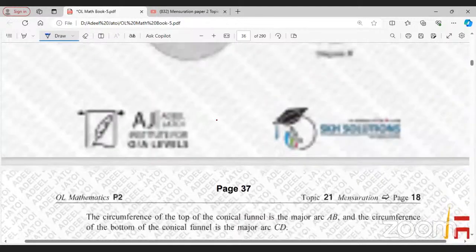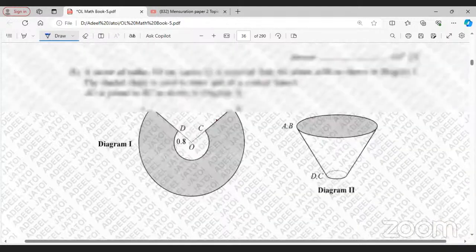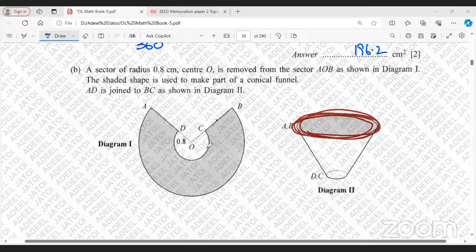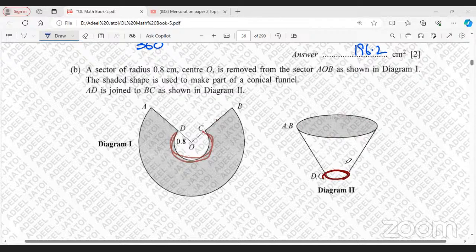First things first, this is linked. The major arc is basically the circumference. The smaller arc CD is basically the base, right? So what you need to calculate is the total surface area of the funnel. What does total surface area include in this?